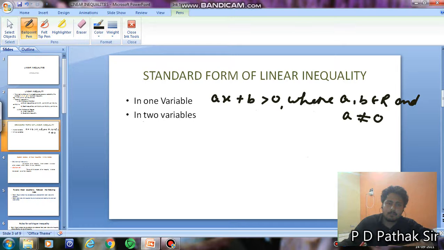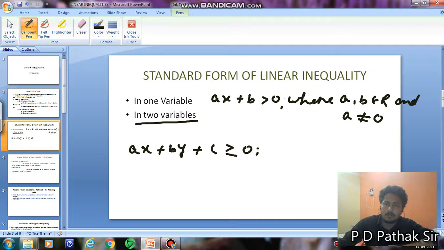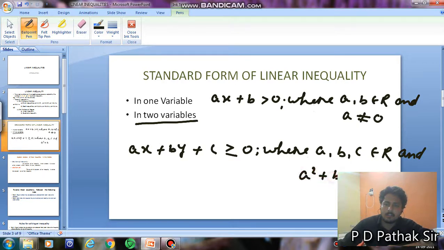Similarly, the standard form of linear inequality in two variables means ax plus by plus c greater than, less than, or any other inequality sign you can take, greater than equals to 0, where a, b, c belong to R and a square plus b square cannot equal 0, meaning a and b both together cannot equal 0.